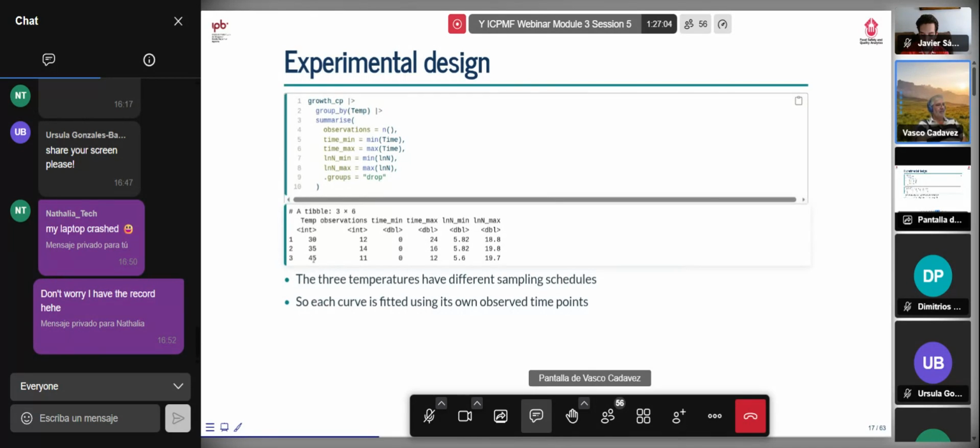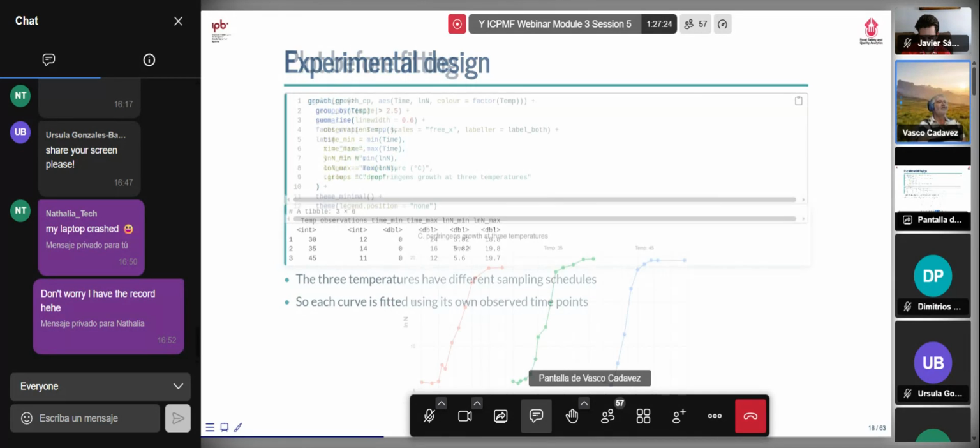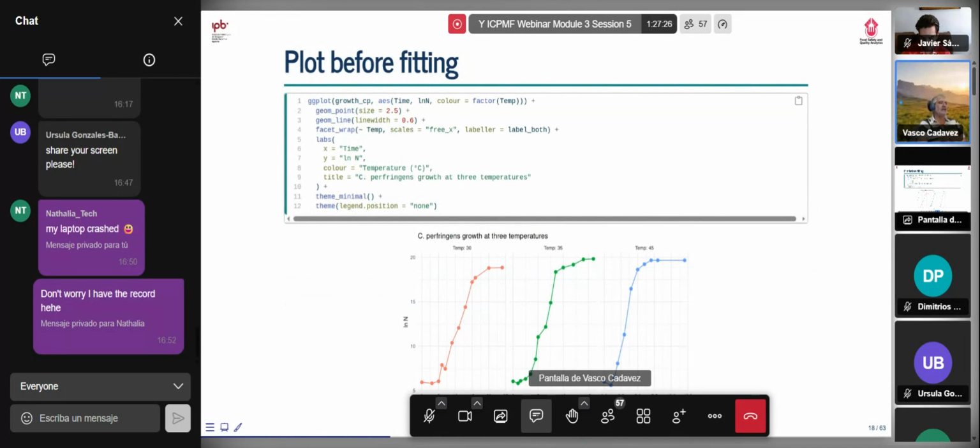Here you can see we have 3 temperatures, and for each temperature you can see the number of observations, the minimum time, the maximum time, and also the minimum and maximum for the response variable. So it's always good, or it's essential, to know the data well for modeling. We cannot model the data that we don't understand, that we don't know.